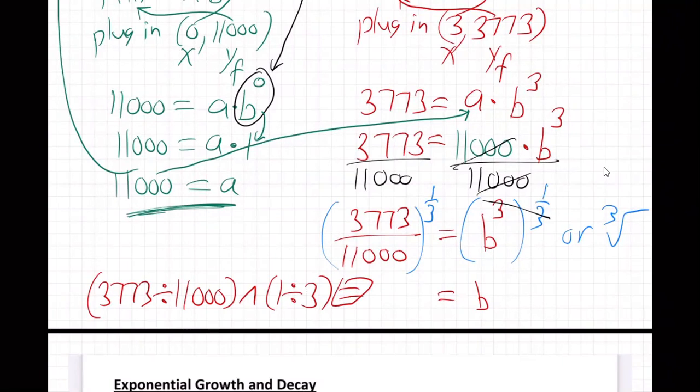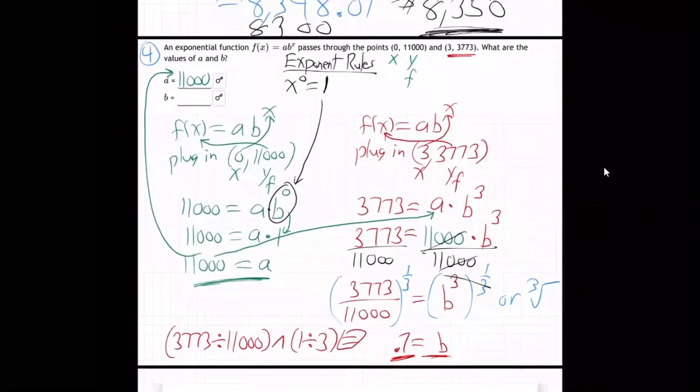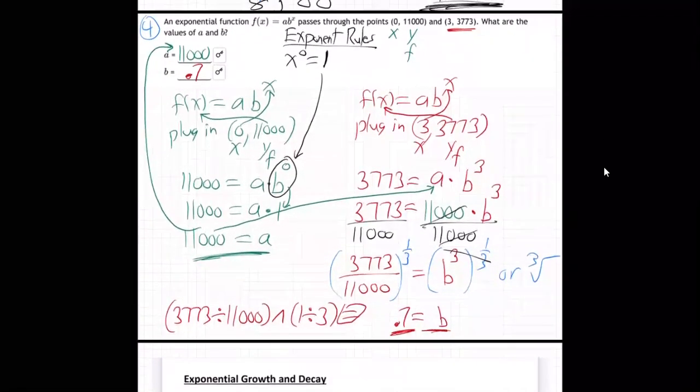And I'm getting 0.7, a nice, perfect, clean 0.7. B is 0.7. And so there we go.